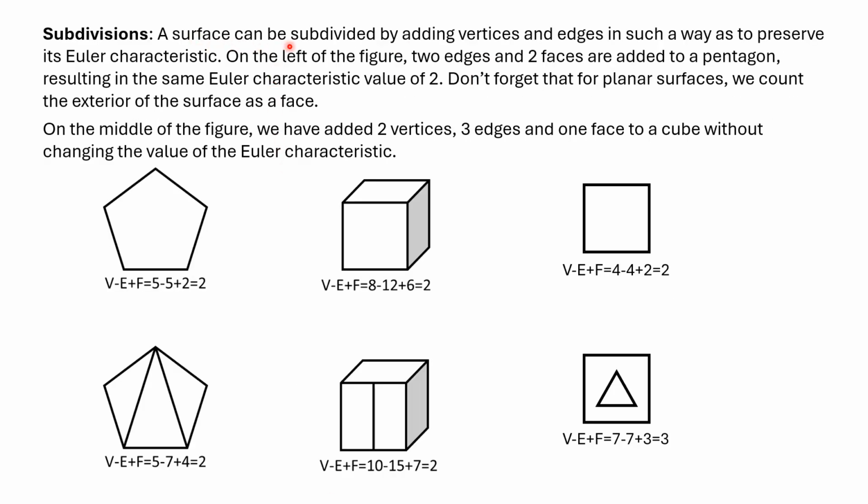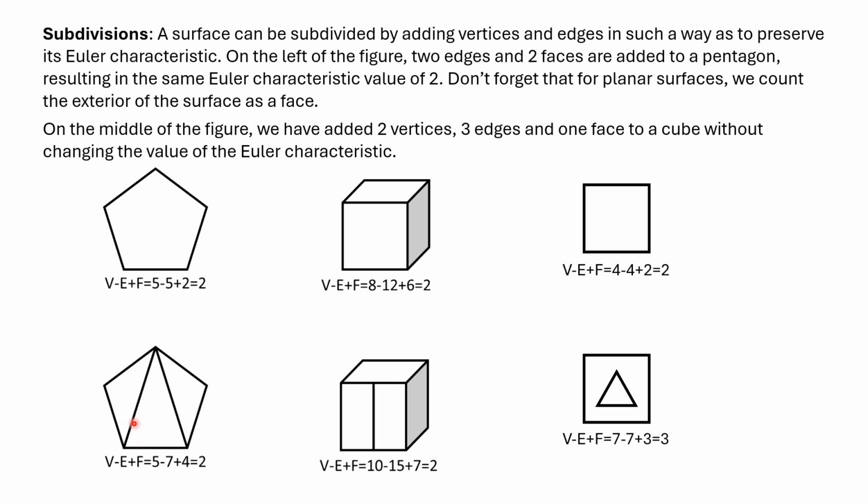A surface can be subdivided by adding vertices and edges in such a way as to preserve its Euler characteristic. On the left, we have a pentagon, 5 sides, and the Euler characteristic is 2. That's easy to verify. You have 5 vertices, 5 edges, and 2 faces. And we can subdivide it, as we've shown here on the bottom.